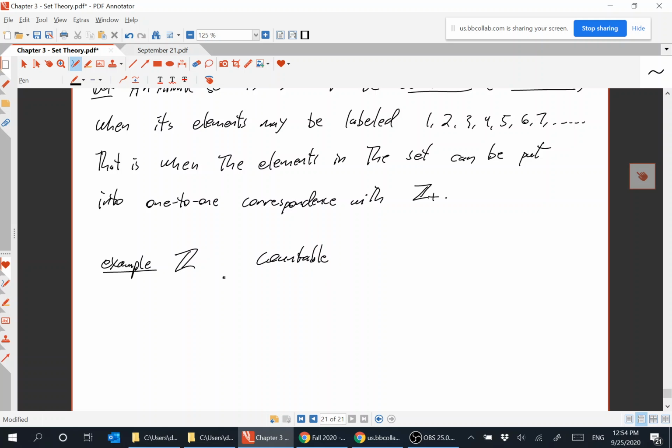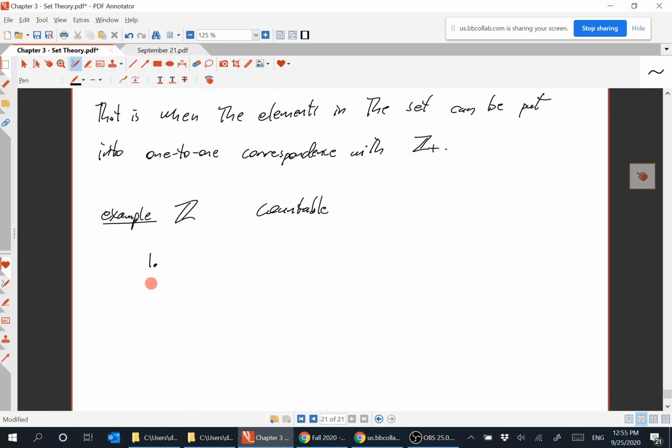So the integers are the positive integers, the negative integers, and 0. Can I put that in one-to-one correspondence with the positive integers? In other words, can I label these numbers 1, 2, 3, 4, 5, and so on and so forth? I mean, it doesn't have to be that 1 corresponds to 1 and 2 corresponds to 2. It can be some other sort of correspondence.